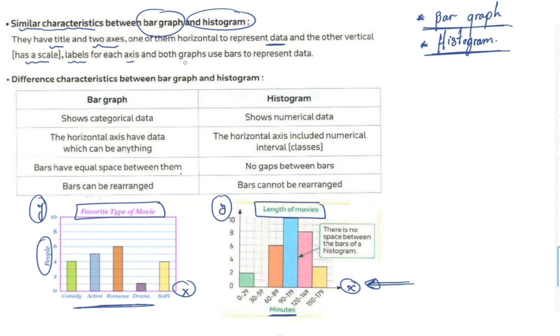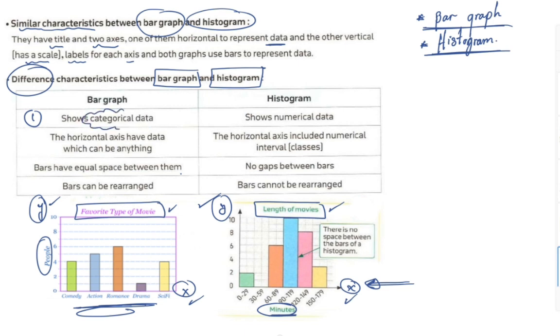But what's the difference between a bar graph and a histogram? Again, they are similar in title, x and y axes, and labels. But the differences: first, number one, a bar graph shows categorical data and a histogram shows numerical data.